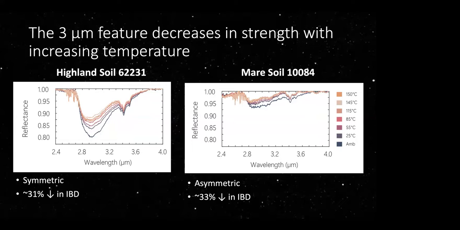As you increase the temperature, you see a decrease by about 31% in that integrated band depth, and the band minimum position stays roughly the same. And with the mare soil, we have a very asymmetric absorption feature. As we increase the temperature, we see a 33% decrease in the integrated band depth. And we have a band minimum that does stay roughly the same, but definitely is on the shorter side.